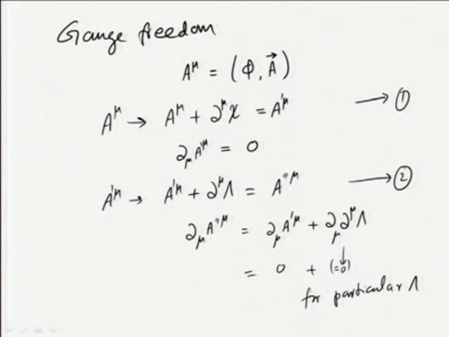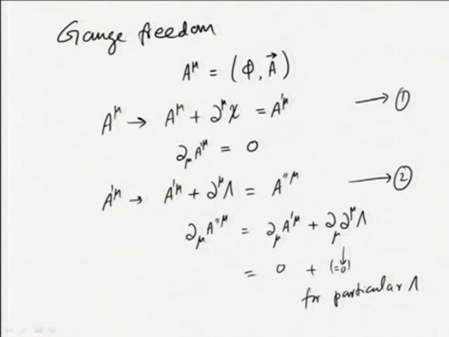This will not change the electric and magnetic field, the physical quantities, neither will it change the condition that the A prime is divergenceless, and therefore A double prime is also divergenceless if lambda satisfies the condition that dou mu dou mu lambda is equal to 0.